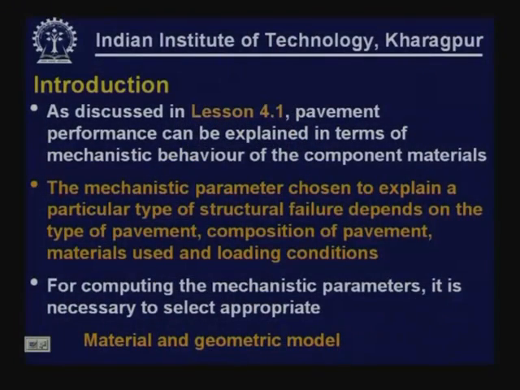Also, for computing these selected mechanistic parameters, it is essential to select appropriate material and geometric models. Like in the case of any other structure, it is necessary to select a proper geometric model and also a proper model which represents the materials that are used in the payment.